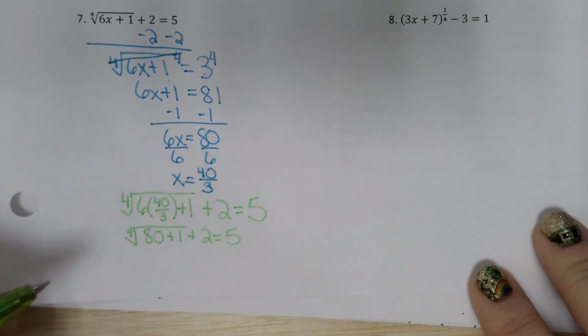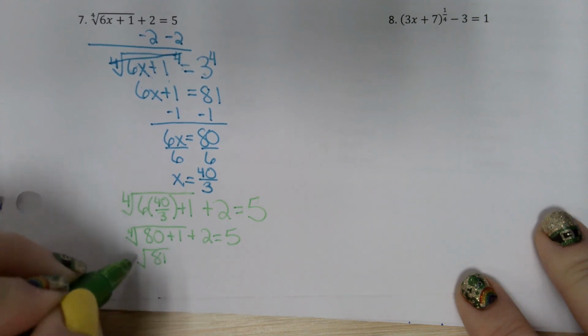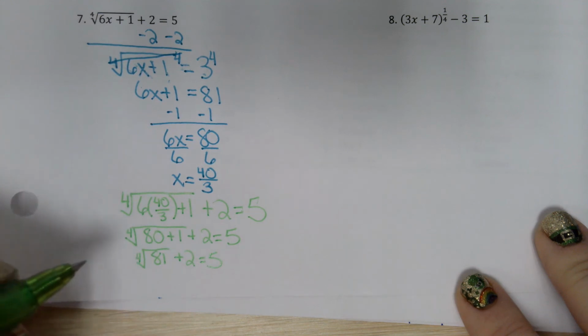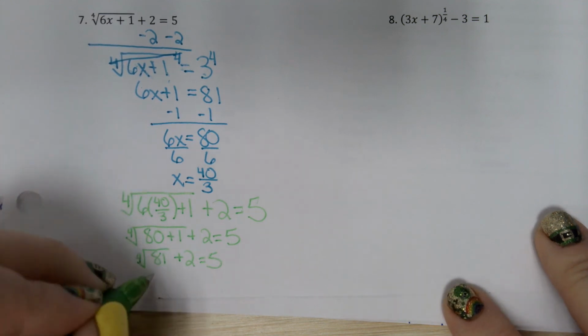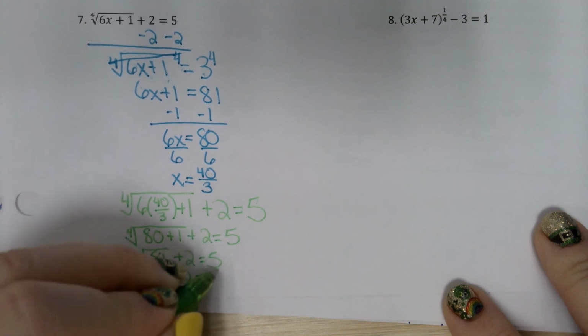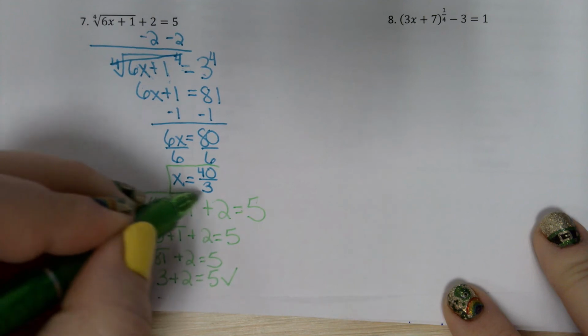Copy down the rest of the equation. 80 plus 1 is 81. The fourth root of 81 is 3, and 3 plus 2 is 5. So it works and is not extraneous.